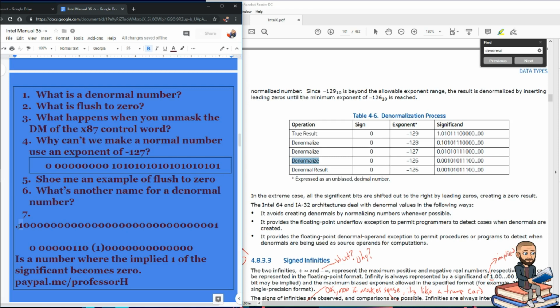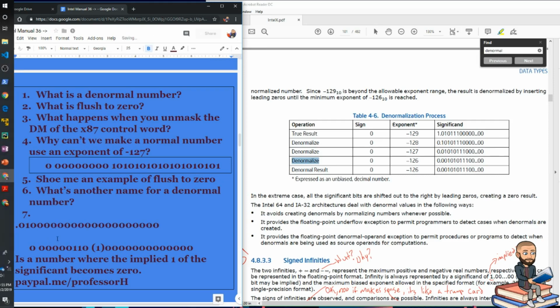But if I just moved it 1 and represented those bits, I'm going to have to set up my significand all over again here. So I need 23 total bits for my significand. So if I start the 1 here, then in a denormal number, I'm at negative 128. If I move it over 1, I'm at 129, and I could keep going until what?